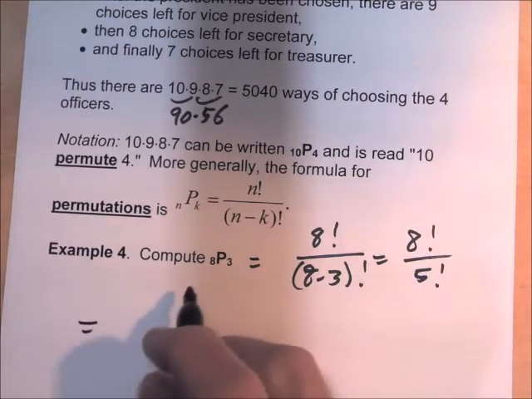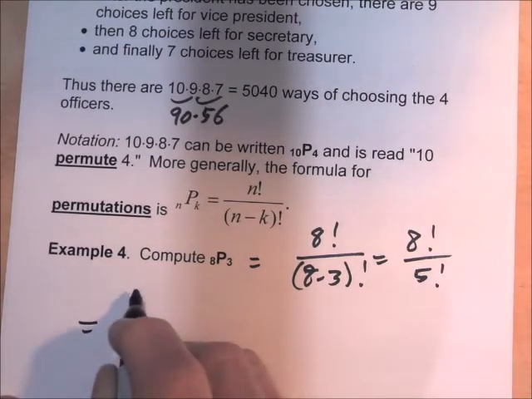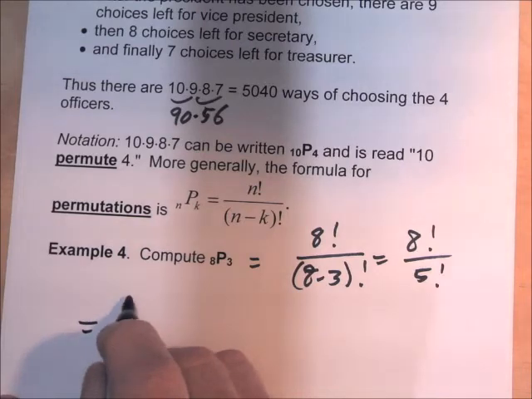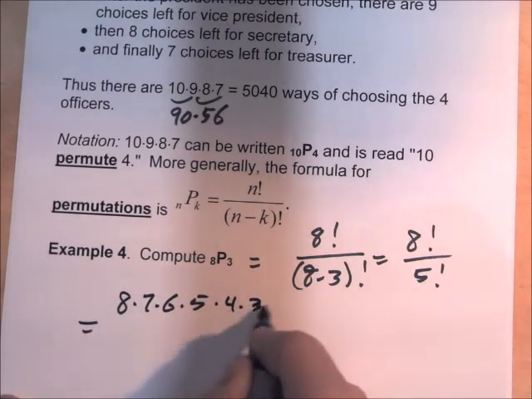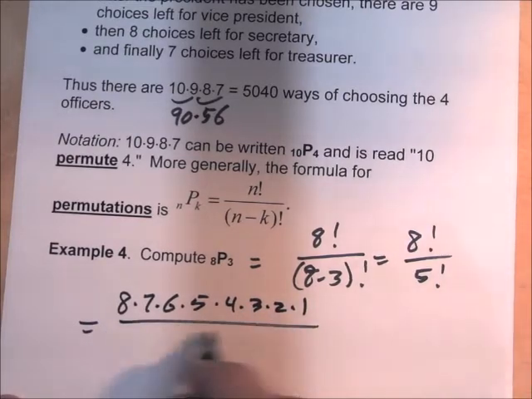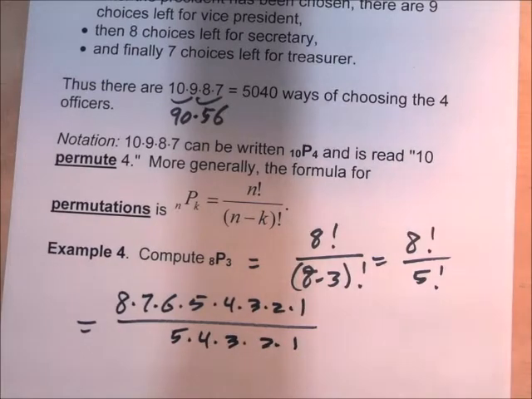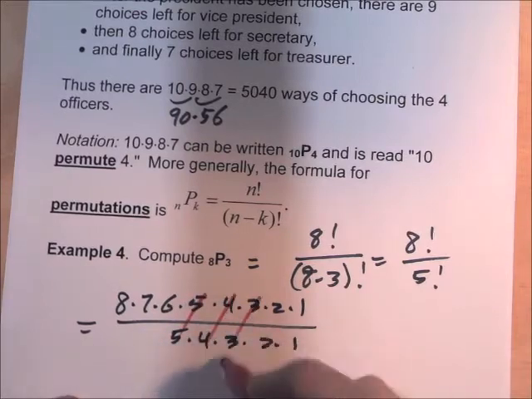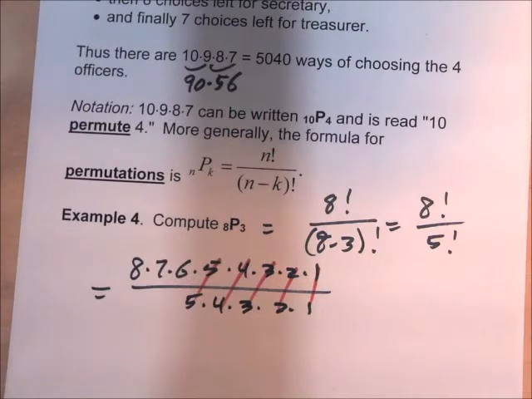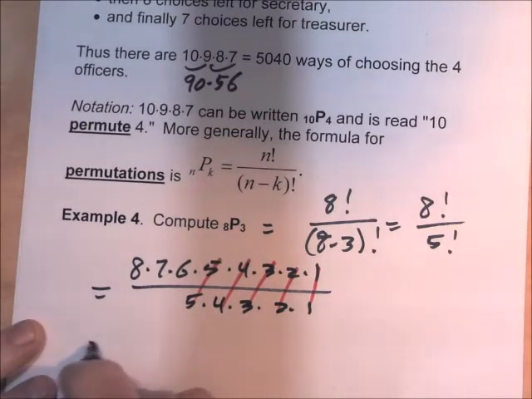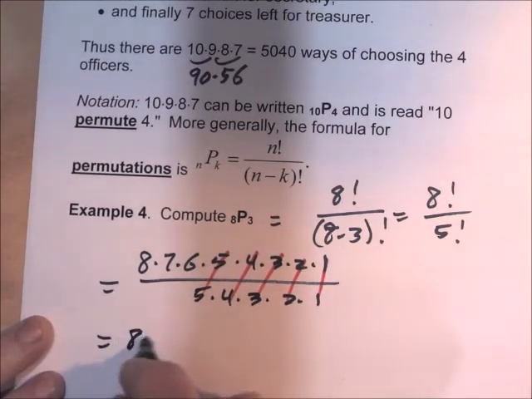Well, 8 factorial means 8 times 7 times 6 times 5 times 4 times 3 times 2 times 1. 5 factorial is 5 times 4 times 3 times 2 times 1. So 5 on down will cancel. So we're just left with 8 times 7 times 6.